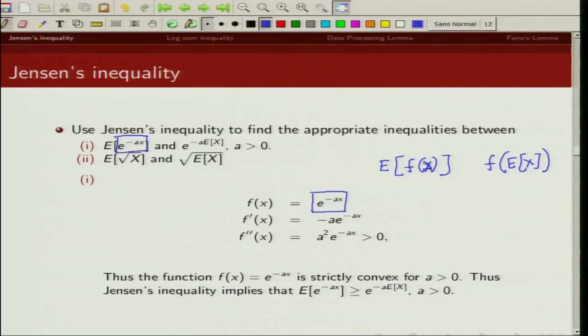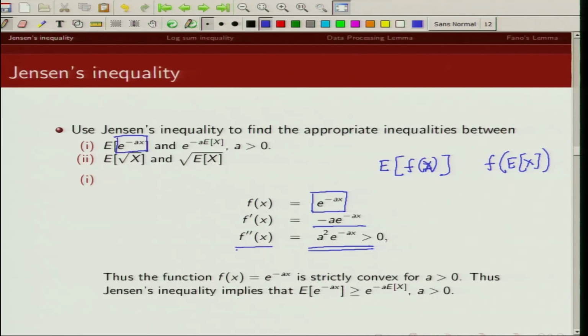So in this case if we look at this function f of x, we take the first derivative that is given by this, and the second derivative is given by this. Now note a is greater than or equal to 0, so a square is basically positive, this quantity e to the power minus a x is also positive, so this term will be greater than 0.